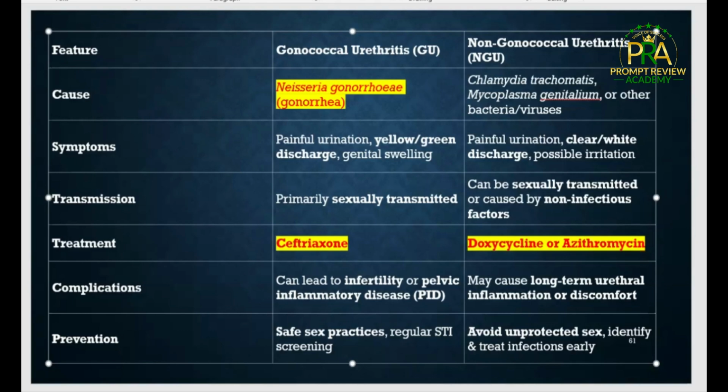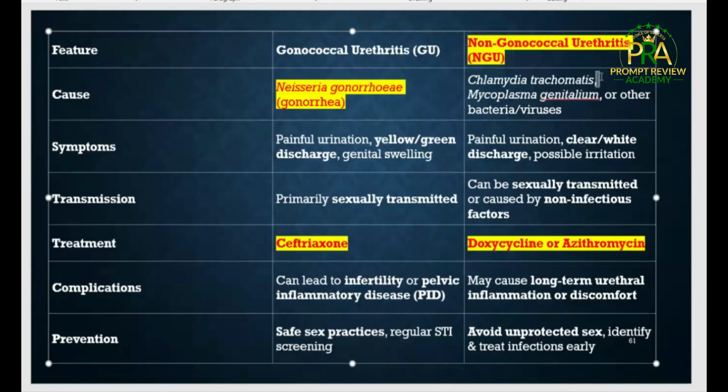So let me just repeat what I said. When you have gonococcal, it means it is caused by gonorrhea, so what we are going to give them is ceftriaxone. But when you have non-gonococcal, it means it is not caused by gonorrhea.